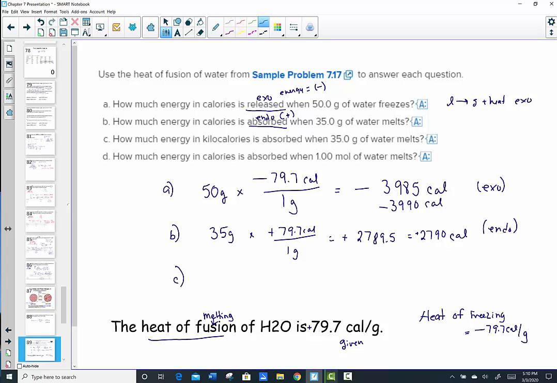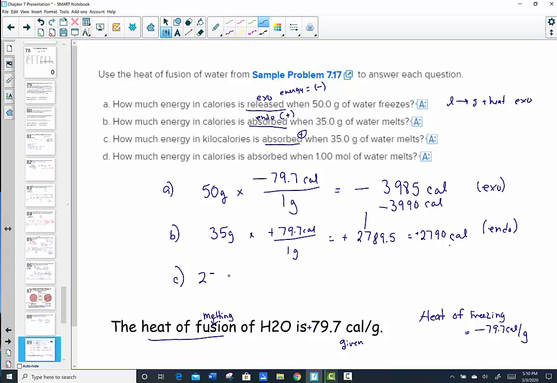Letter C. How much energy in a kcal, kilocalories, absorbed, positive number, when 35 grams of water melts? Well, didn't we just do that? 35 grams of water melting. All we have to do is take this and convert it to a kcal. That's easy enough. There's no difference between B and C, except we're going to end it in a kcal.